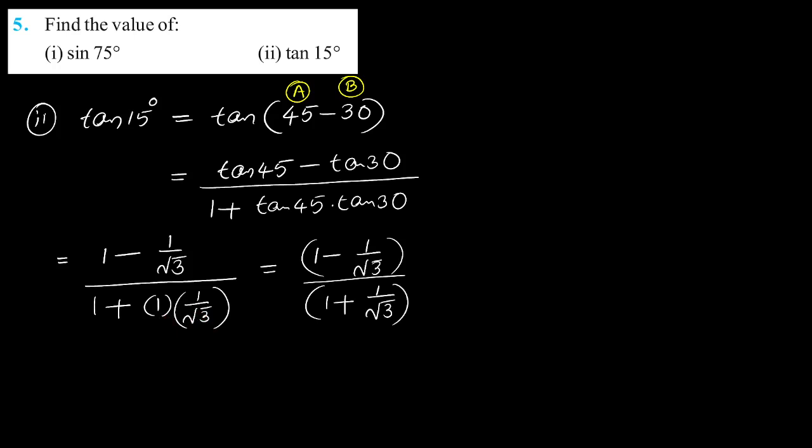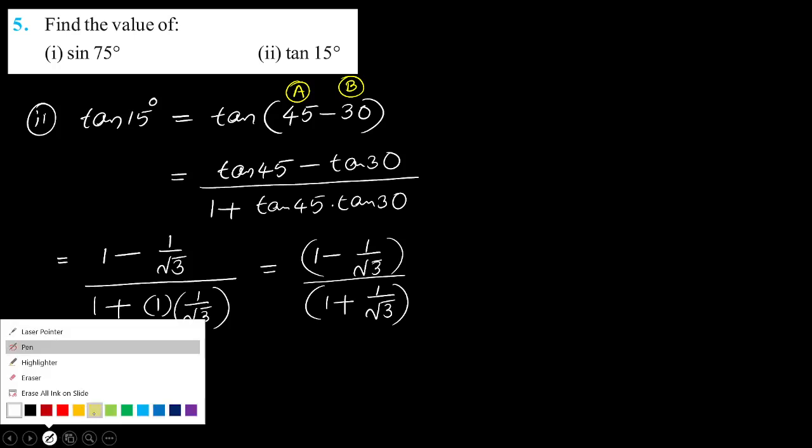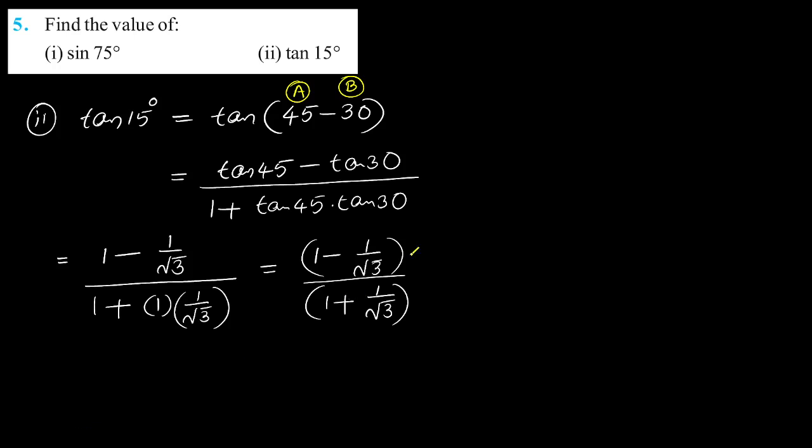I can do the simplification. You may cross multiply, or you can rationalize right now, no problem. You know that you studied in the lower class, the conjugate of A plus B is A minus B, or the conjugate of A minus B is A plus B. I think you better remove the fraction. 1 minus 1 by root 3, cross multiplication gives root 3 minus 1 by root 3.